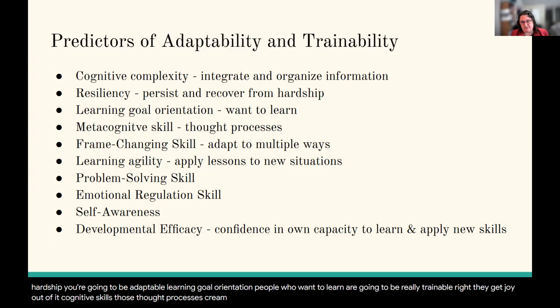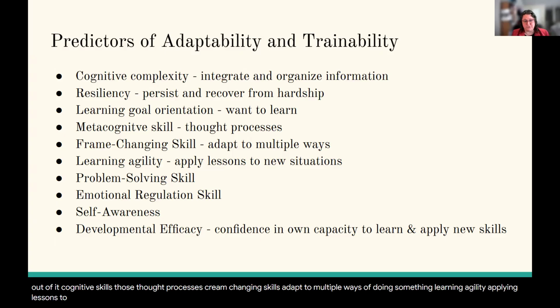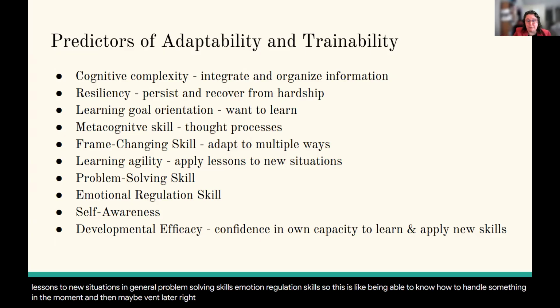Frame changing skills, adapt to multiple ways of doing something, learning agility, applying lessons to new situations, in general problem solving skills, emotion regulation skills. So this is like being able to know how to handle something in the moment and then maybe vent later, right? Self-awareness is a big part of that. And then developmental efficacy, people who have confidence in their own capacity to learn and apply new skills.